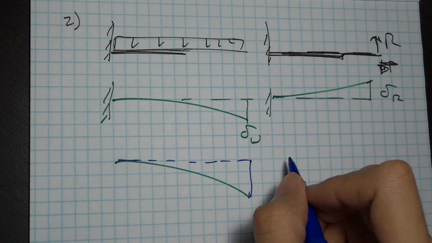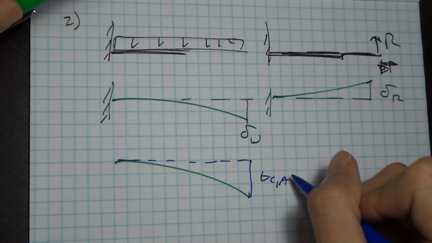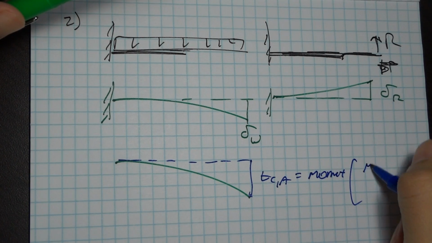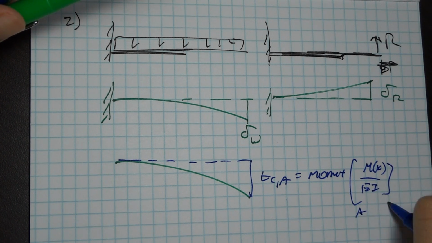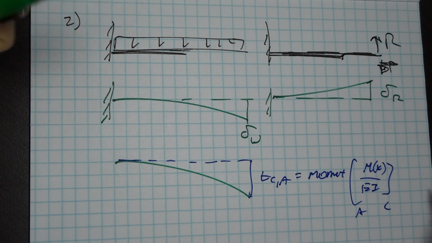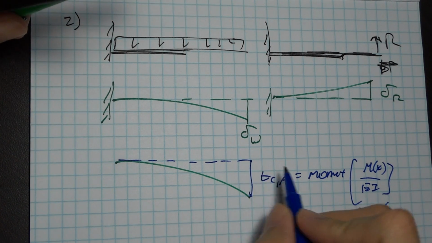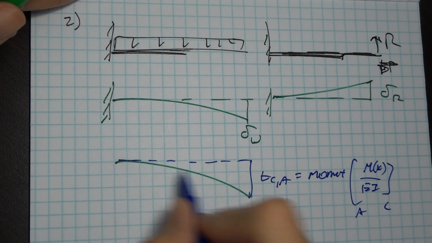This point is TCA, so this is TCA equals the moment of your moment diagram, the first area of your moment diagram, from A to C. And that will give you delta C. You don't have any corrections to make because your theta here is 0.